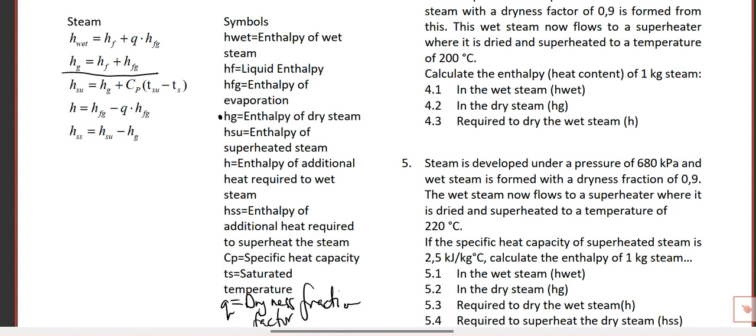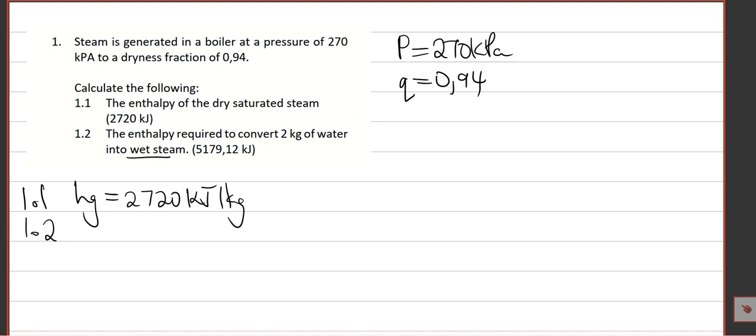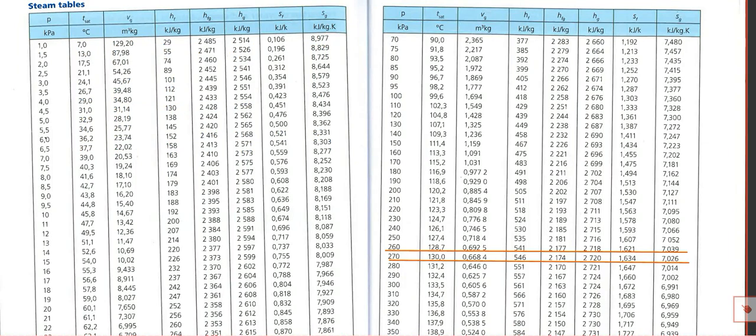So enthalpy of wet steam, this is our formula. We're saying H wet equals HF plus Q HFG. You check your information there. Our HF, what do we have for HF? We have 546.